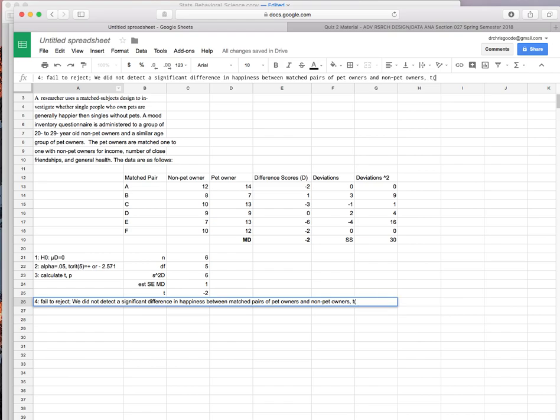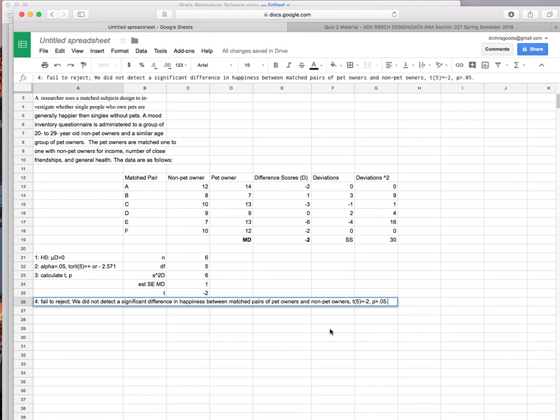Then we have to report our t. So put a comma. t at 5 degrees of freedom is our observed t-value, minus 2. And the p-value associated with it, we don't know what it is. We could do it in SPSS, and it would tell us what p specifically is associated with the t-value of negative 2. But we do know that if minus 2.571 and plus 2.571 flank just 5% of the area under the curve in the two tails combined, then p is going to be greater than 0.05.